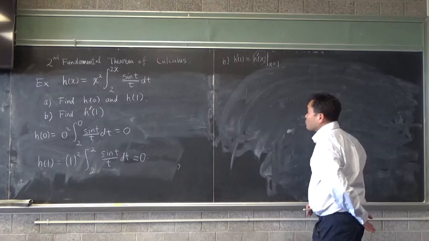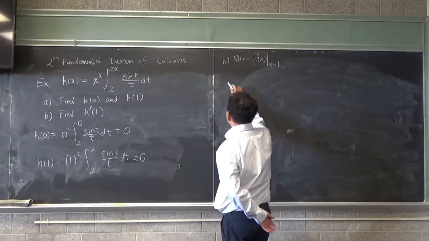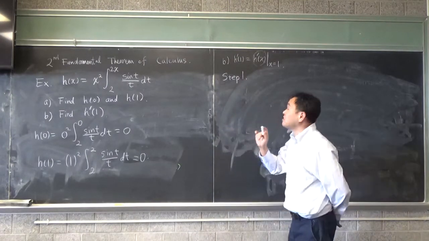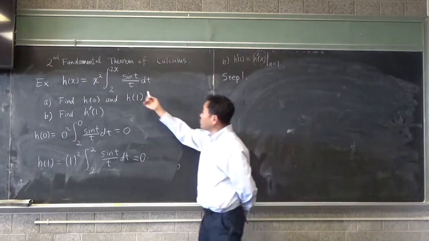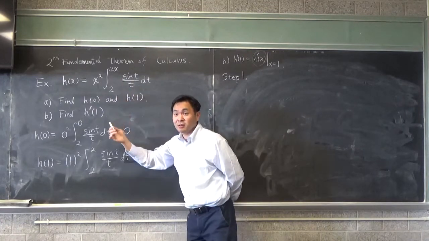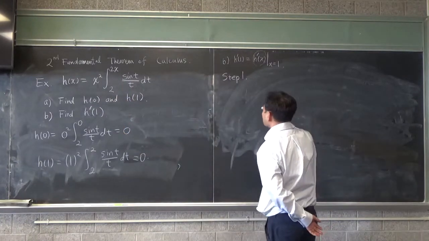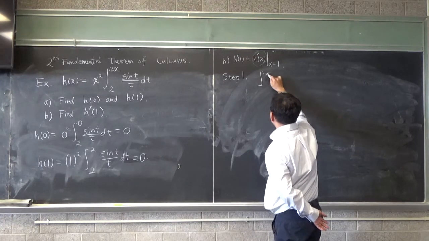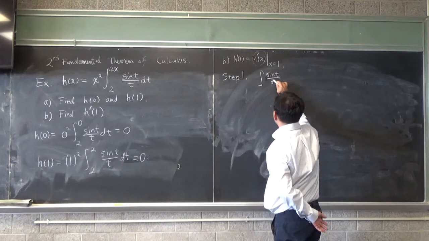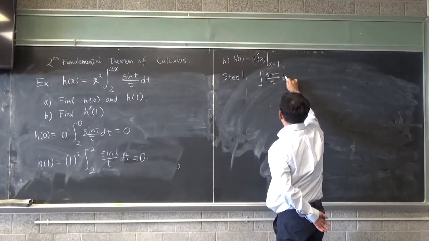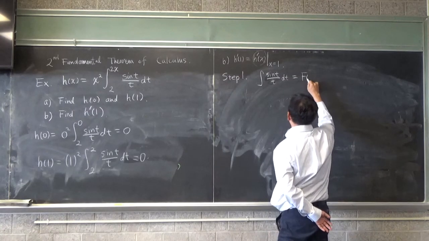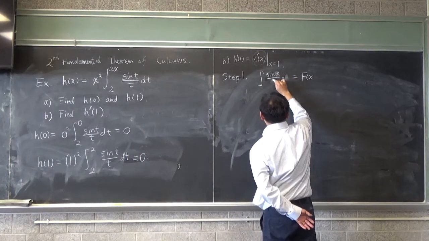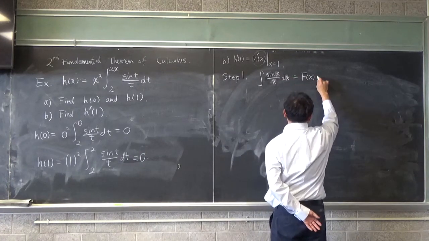Instead, try doing what I suggest. So step one, what you want to do is denote the antiderivative of the integrand as some function. I'm just going to say that the integral of sine t over t dt equals capital F of x plus c.